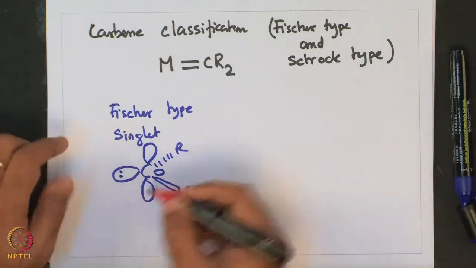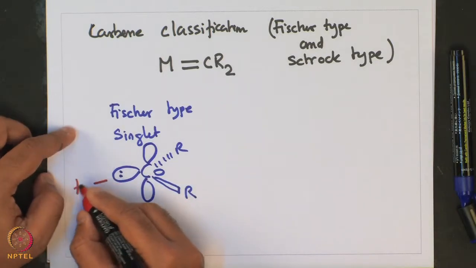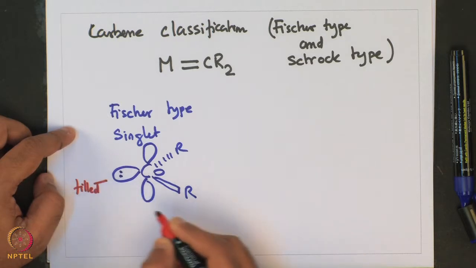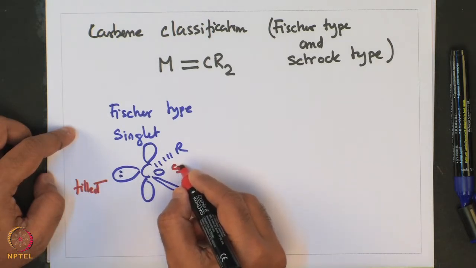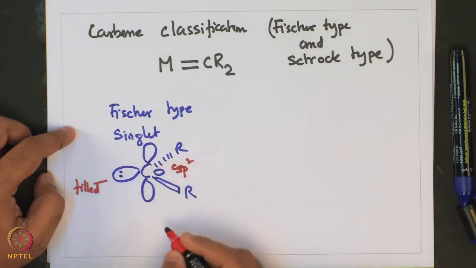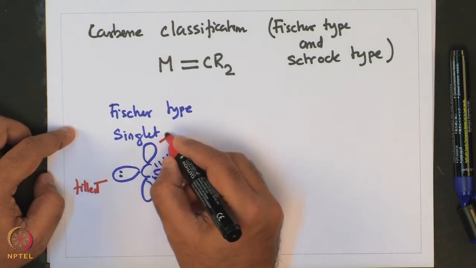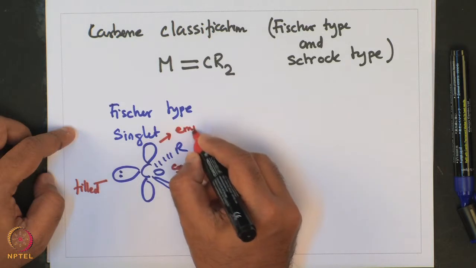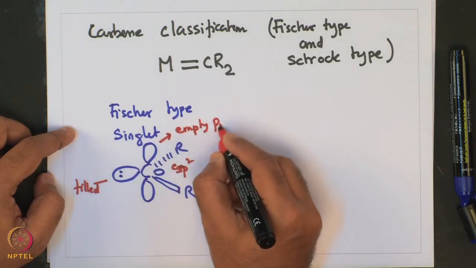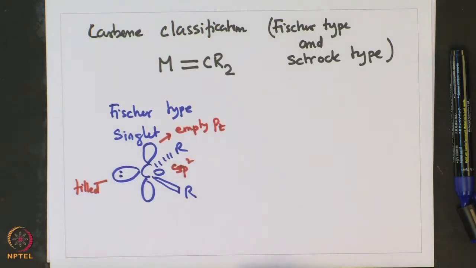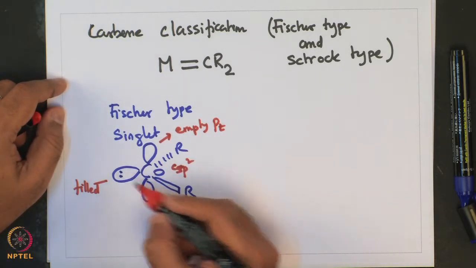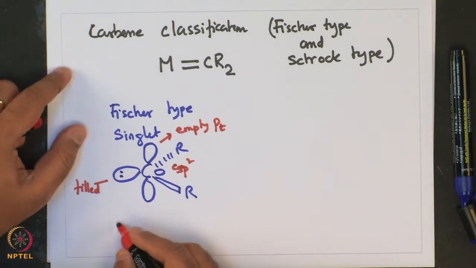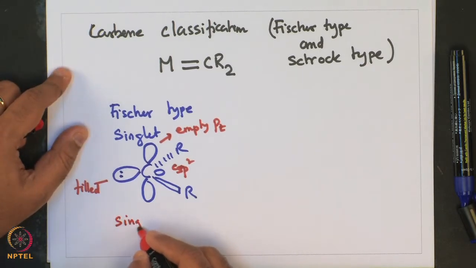So, this is a filled sp2 orbital and this is an empty pz orbital. So, we have two orbitals of which one is filled, another is empty, and hence this is called a singlet carbene.